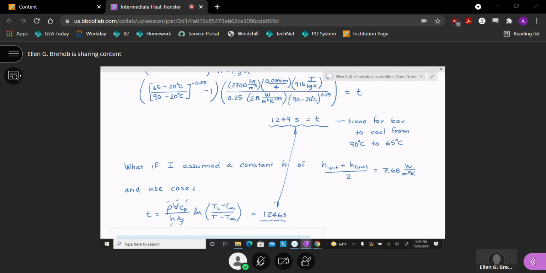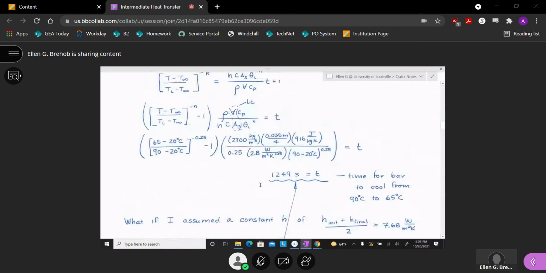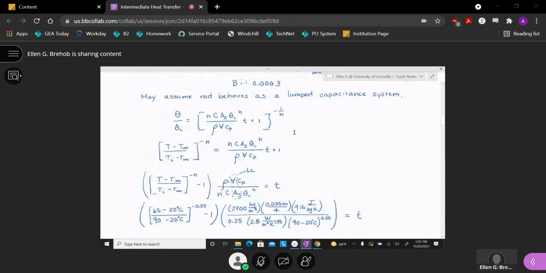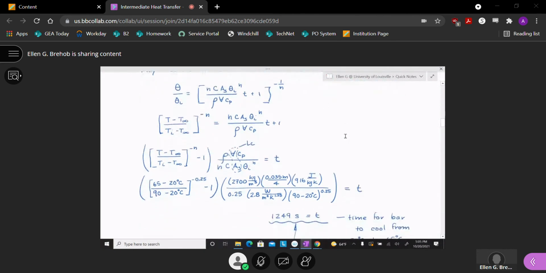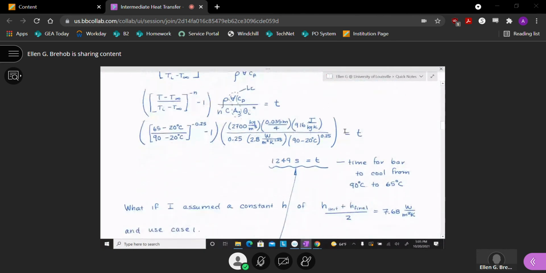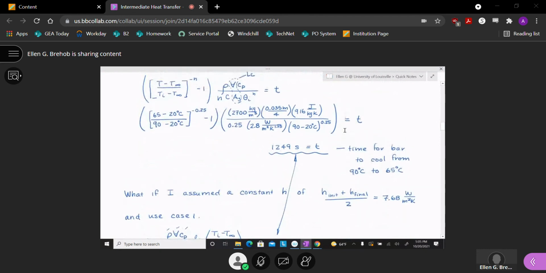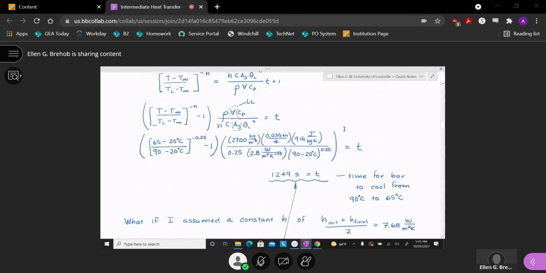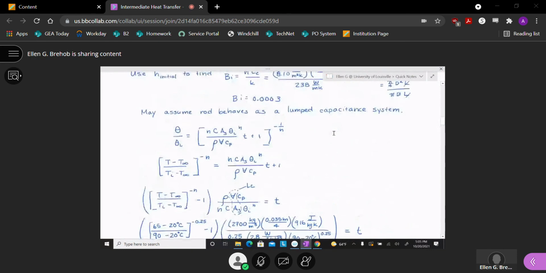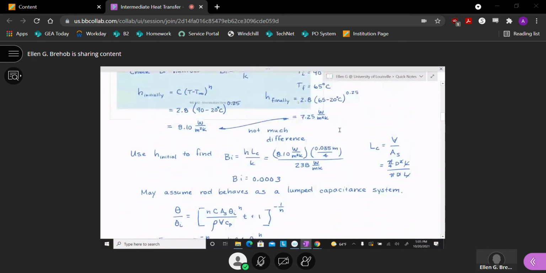I have not found a problem yet where using this precise ability to handle free convection heat transfer coefficient has made a big difference. Again, many times these free convection heat transfer coefficients, they're pretty small anyway, so they're not changing a whole lot.